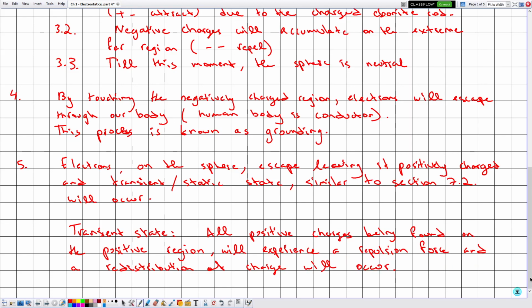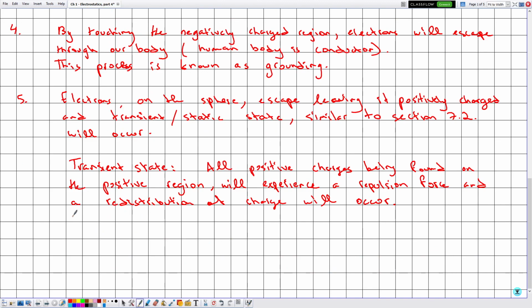And regarding the static state, all positive charges will spread on its outer surface.